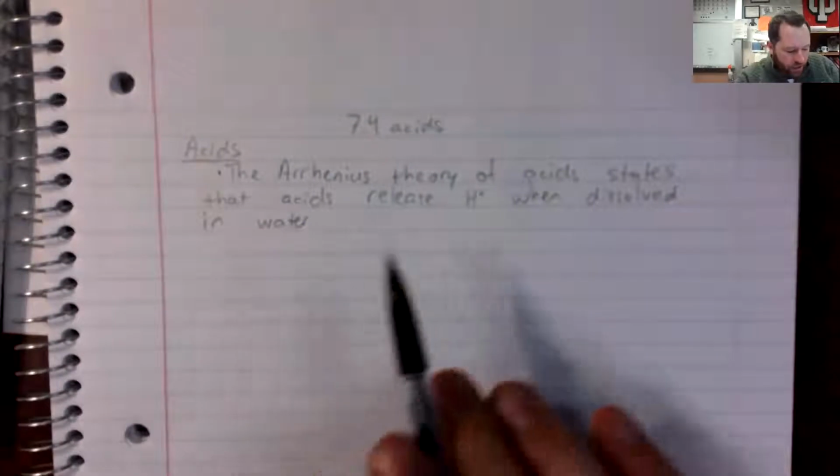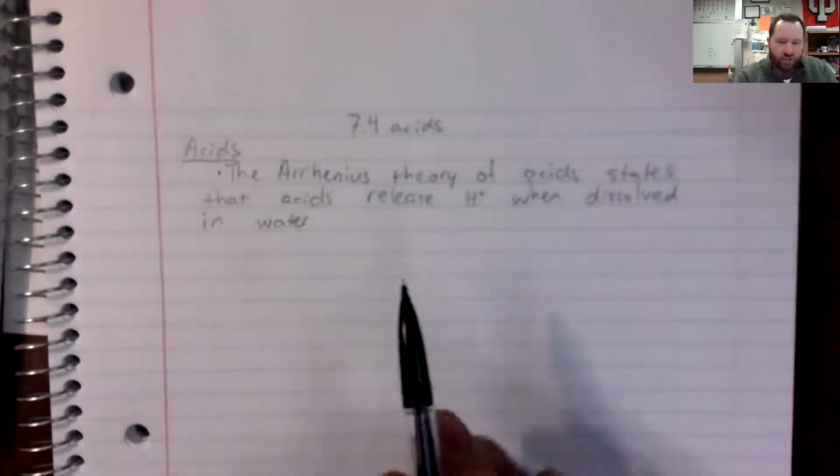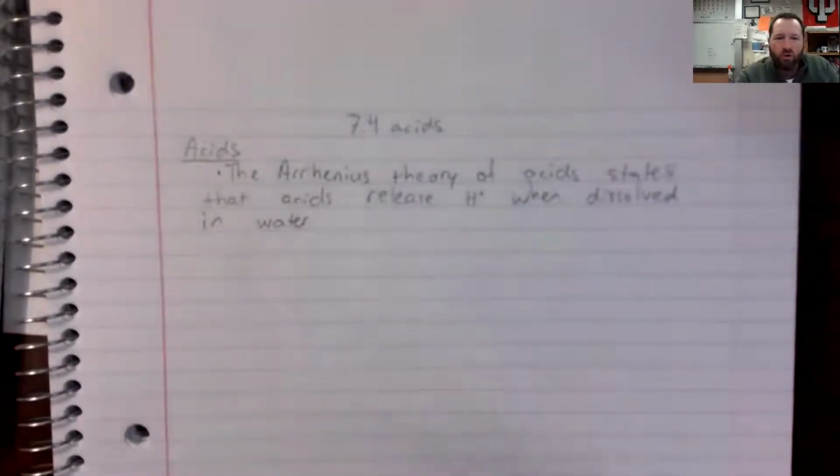So the Arrhenius theory of acids states that acids release H plus when they're dissolved in water.